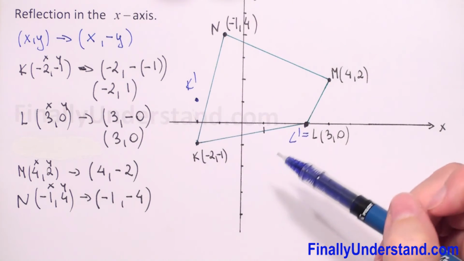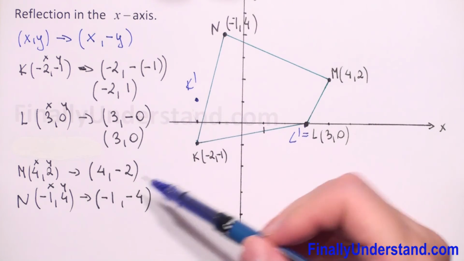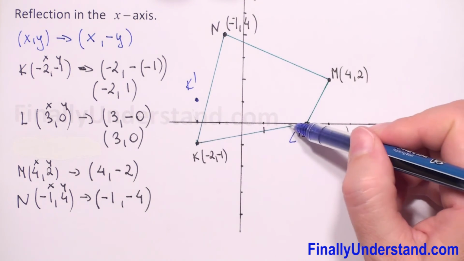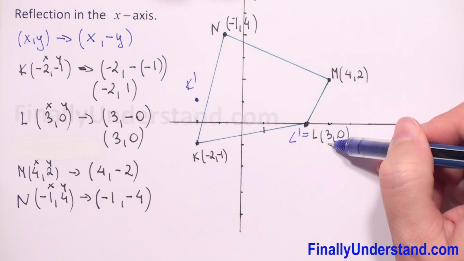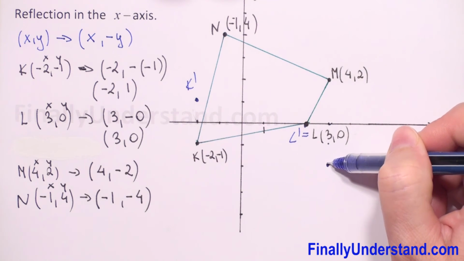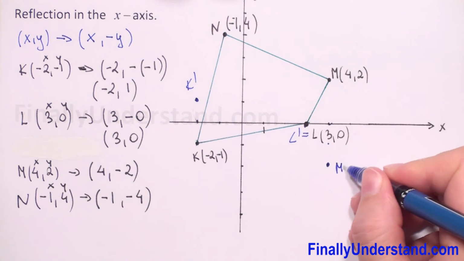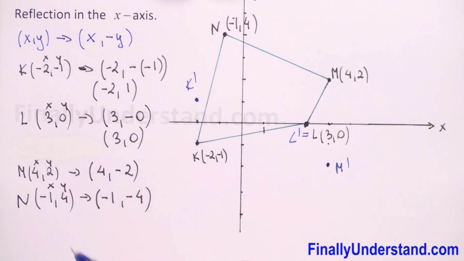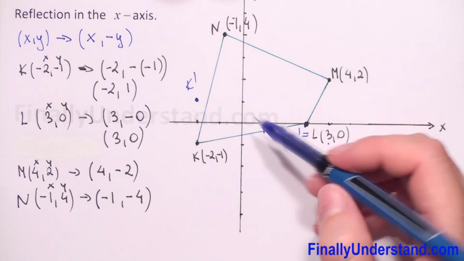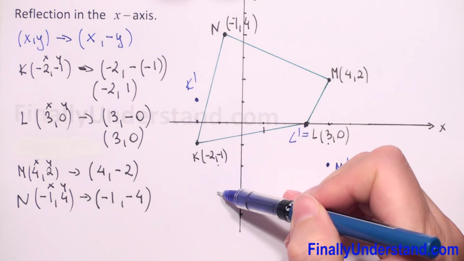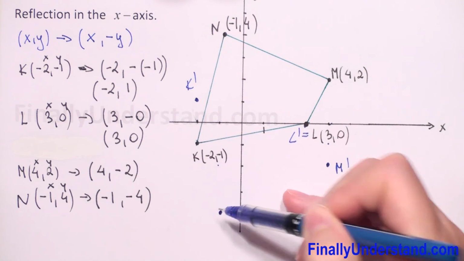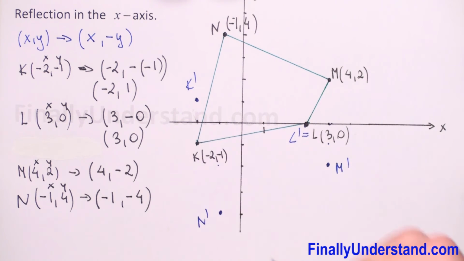And next we have (4, -2): 1, 2, 3, 4, and -2, 1, 2, approximately here. This is our M prime, and N will be -1 and -4: 1, 2, 3, 4, approximately here. This is our N prime.